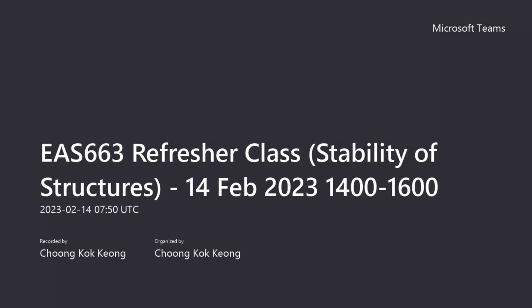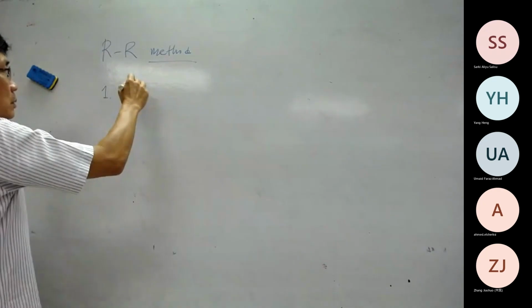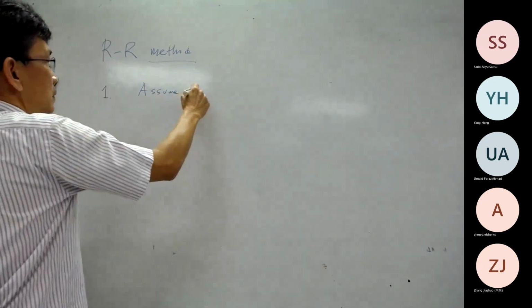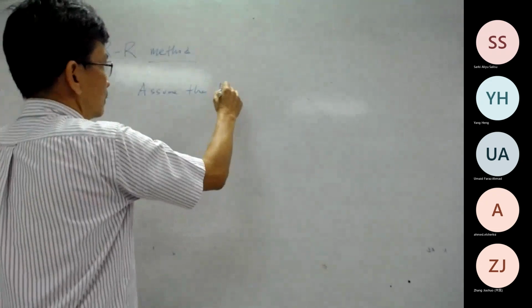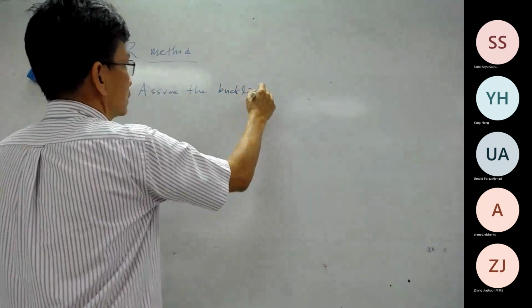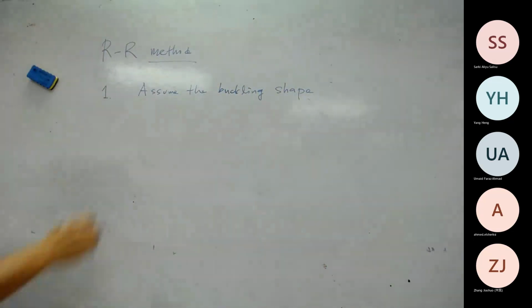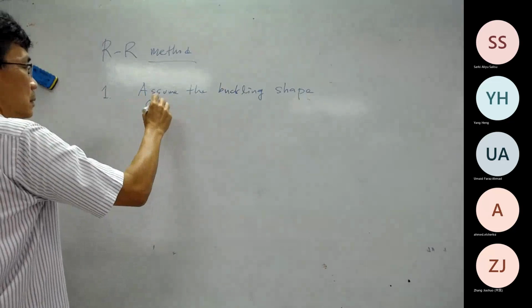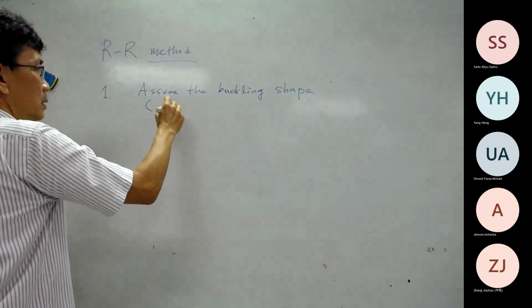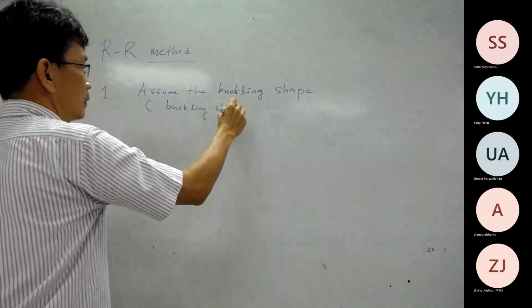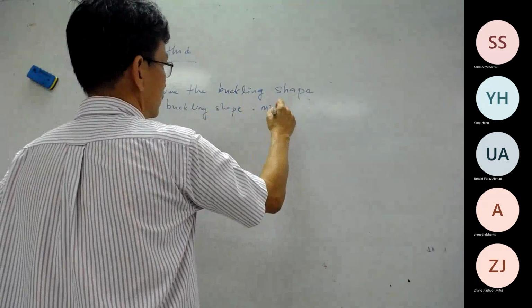So the first thing is you have to assume the buckling shape, or the slightly bent shape. This might be given to you.